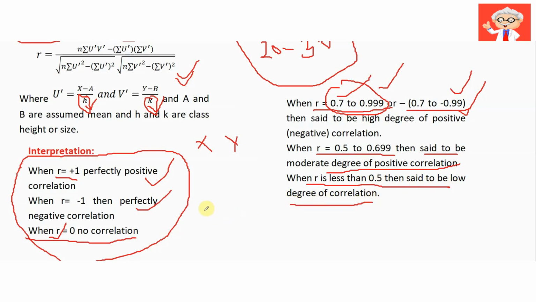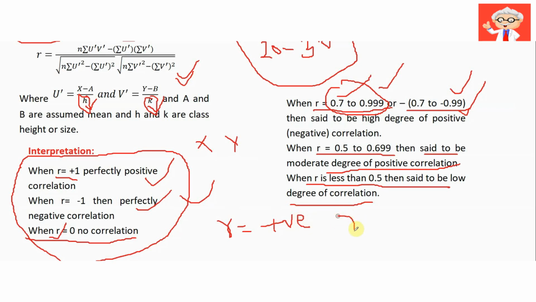But what I suggest is that you do not remember all these interpreting values. If you can remember r equal to plus 1, minus 1 and r equal to 0, then these three values are enough. If the value of r is positive, then it is said to be a positive correlation.